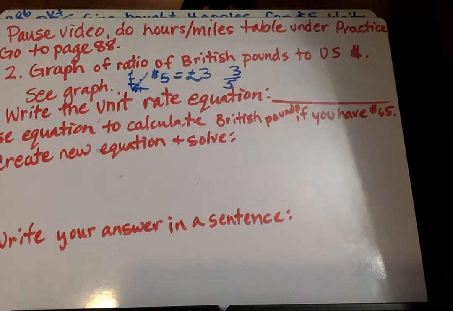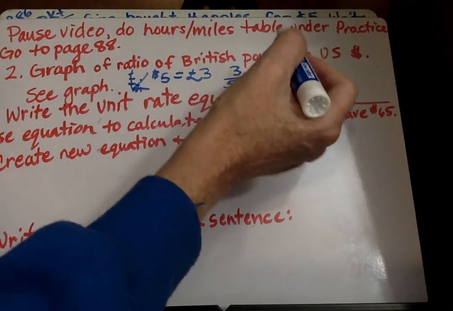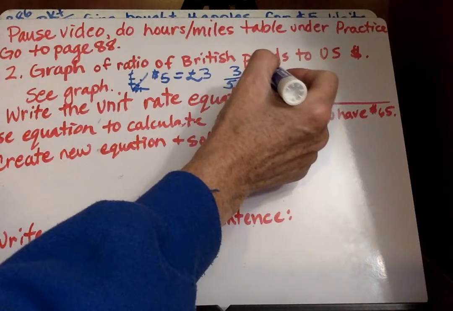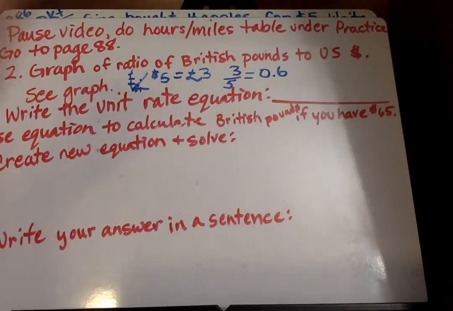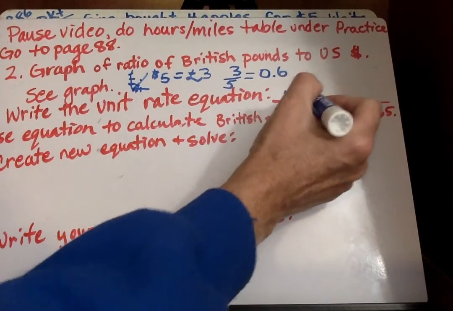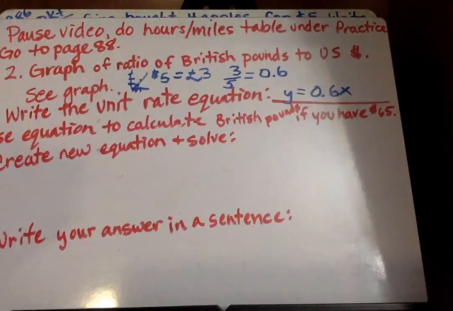Now we're going to go ahead and change it to decimals because money is usually in decimals. So 3/5, you can do 3 divided by 5 on your calculator. That's 0.6. So if I write the unit rate equation, I say y equals 0.6x. Okay. Now, create the new equation and solve. If you had 65 US dollars, how many British pounds would you have?